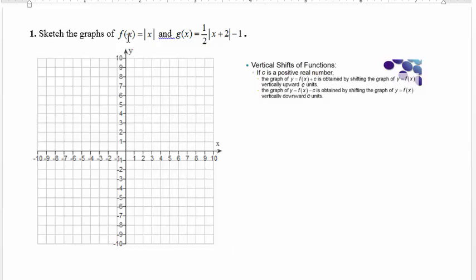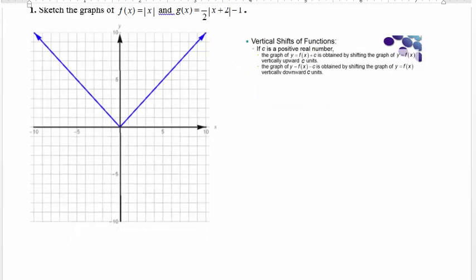One line is the line y equals x. The other line is the graph of y equals negative x. And the two meet at the origin. So this is a graph that you need to come to know and be familiar with. Let's take a moment and look at what it looks like.